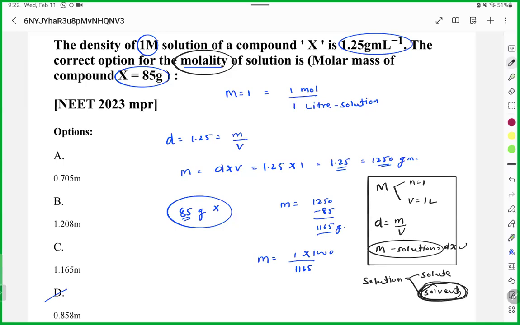How do I calculate? I need to know what is the total solution mass, what is the solute mass. So solvent will be solution minus solute. That's what I did. 1250 is the solution, 85 is solute, and this is solvent.